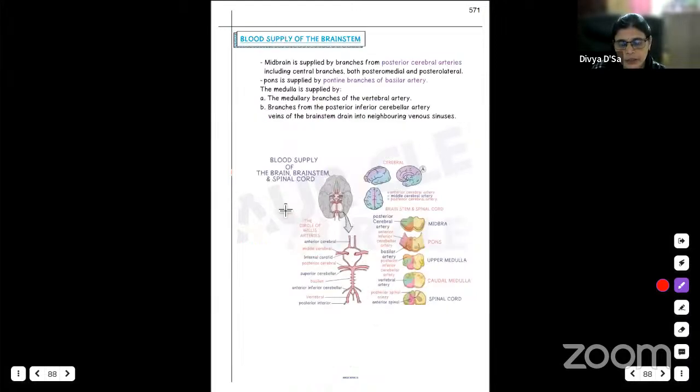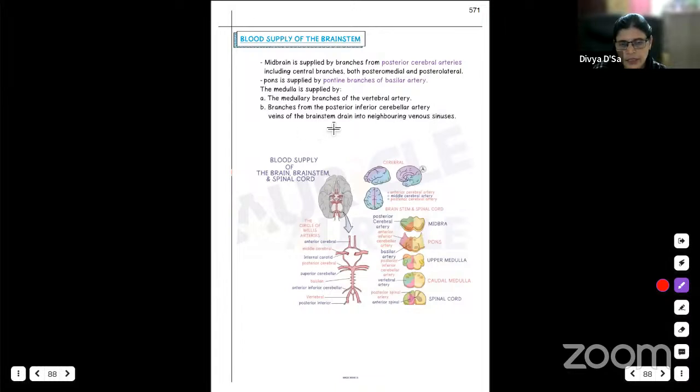Next, coming to the blood supply of the brainstem. So midbrain is supplied by branches from the posterior cerebral artery, including central branches, both posteromedial and posterolateral. Pons is supplied by pontine branches of basilar artery. Medulla is supplied by the medullary branches of vertebral artery, branches from the posterior inferior cerebellar artery, as well as the anterior spinal artery.